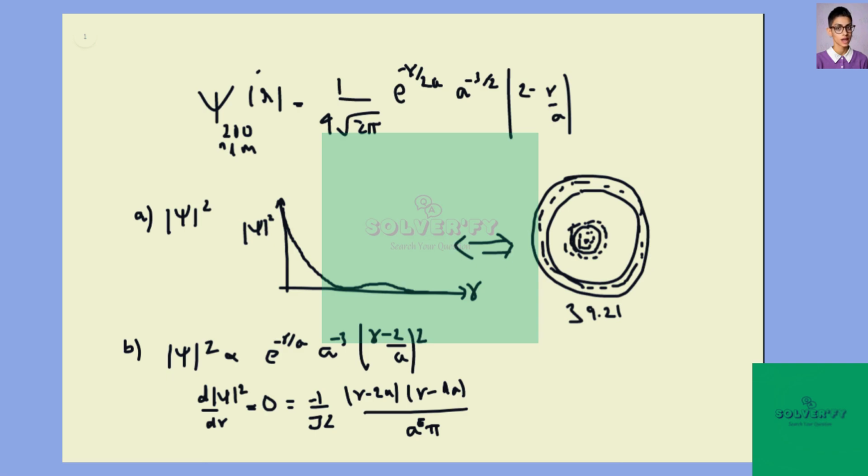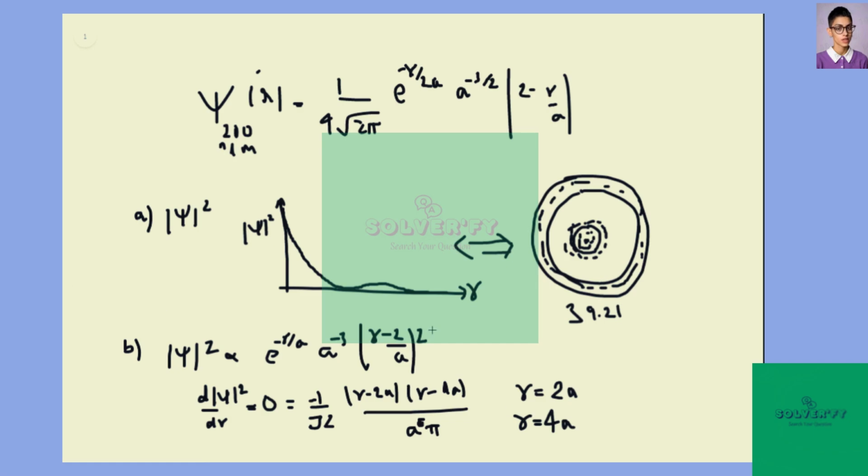It has two roots. The two roots are r equal to 2a, which is when this term goes to 0, and then there is another one which is r equal to 4a. So we were right that we have a maxima at r is equal to 4a.